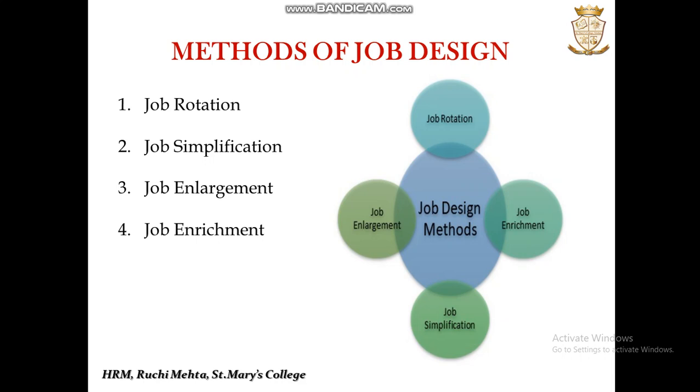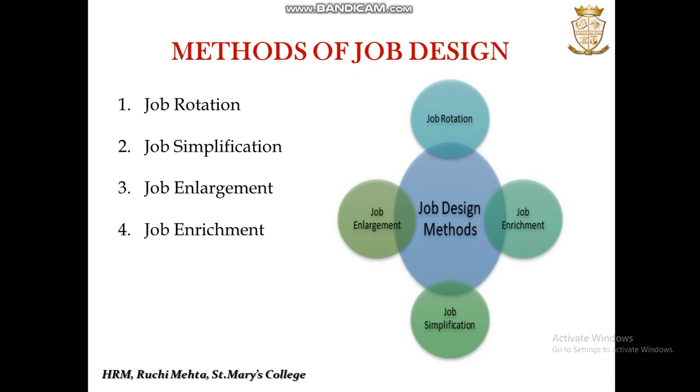For example, an employee is given a work. Along with the work, he is given the authority over that work. That is, he is able to control the work. He is given the entire planning and controlling duty of the work also. So he feels that the entire work is his own.